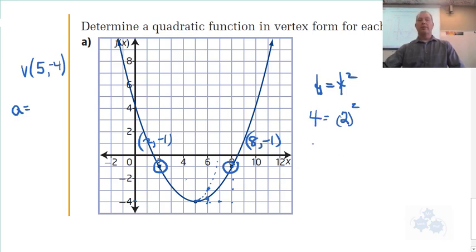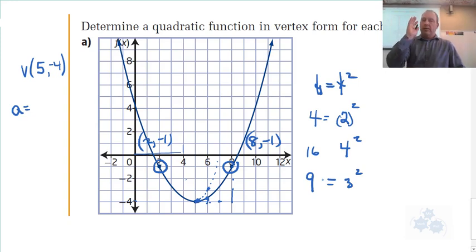Remember, this is a squared term, right? If we went over 4 units from 0, so if x equals 4, how many units should I have to go up? 16. So if I went over 3 units, how many units would I have to go up in order to hit a normally opened graph? I should have to go up 9.